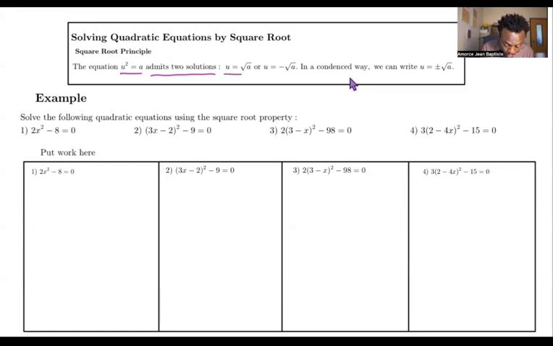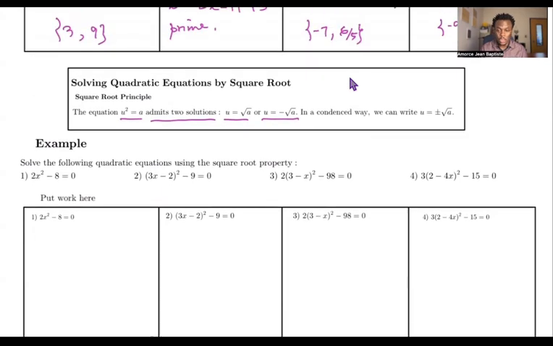The first one is u equals square root of a, or the second one is u equals minus square root of a, which also can be written as u equals plus or minus square root of a. Now, I say u because it can be a whole expression squared equals a constant. You can still apply the square root property.